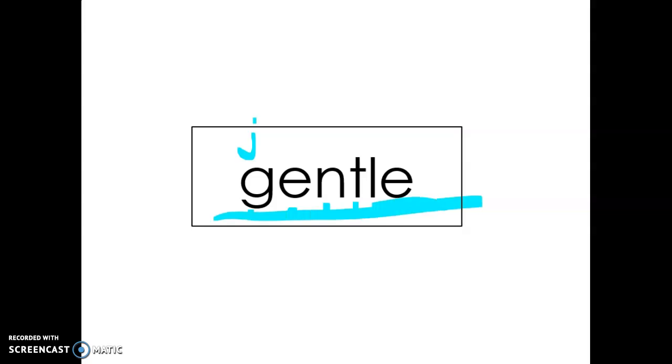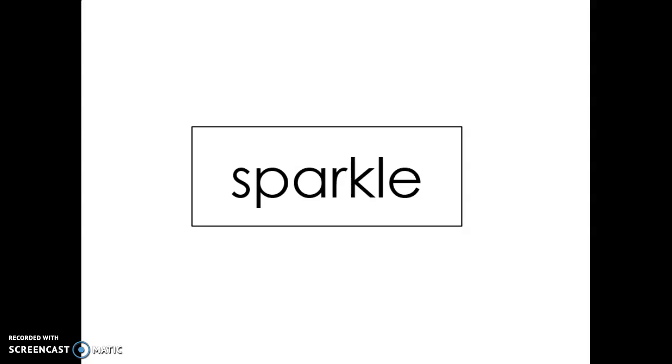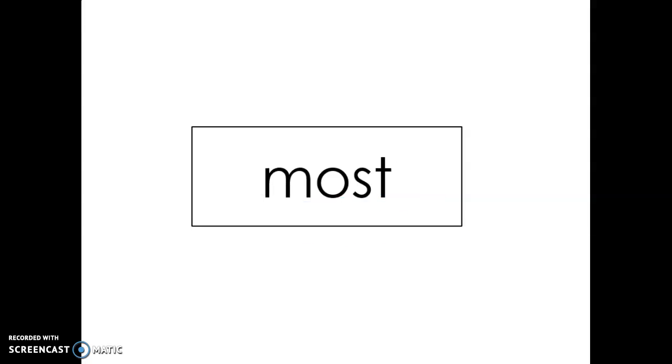Word is gentle. Next word, think. Say, the word is moist. Two more, think. Say, we have sparkle. What's the word? And last word, think. This says its name. We have most.